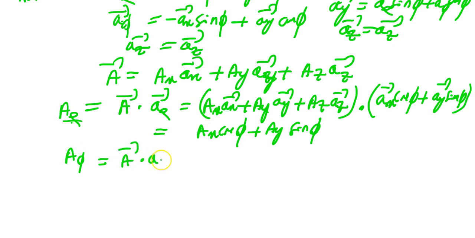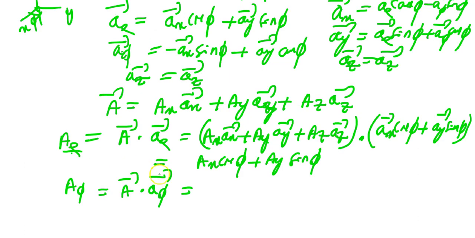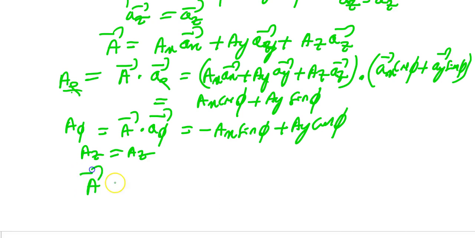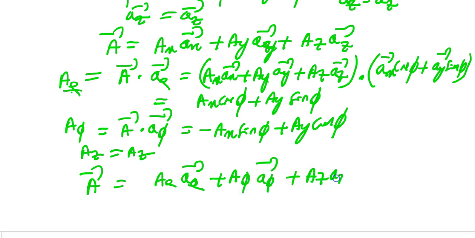Similarly, a_phi = minus ax sin phi plus ay cos phi, and az is simply az. So in the cylindrical coordinate system, the vector is a_rho in the rho direction, plus a_phi in the phi direction, plus az. Put in these values for a_rho and a_phi.